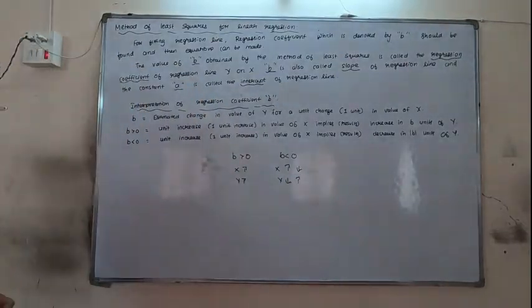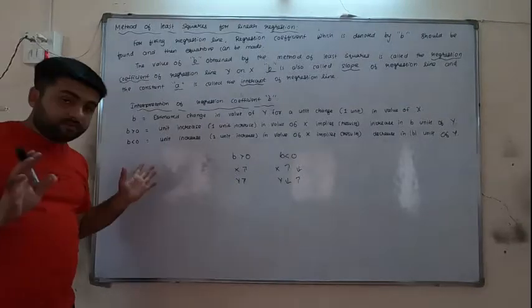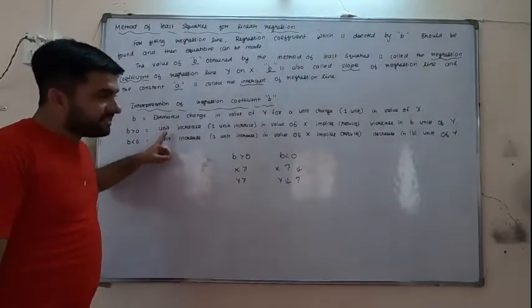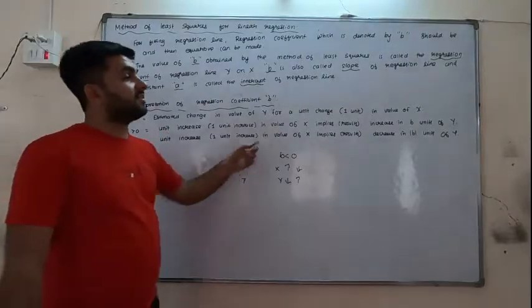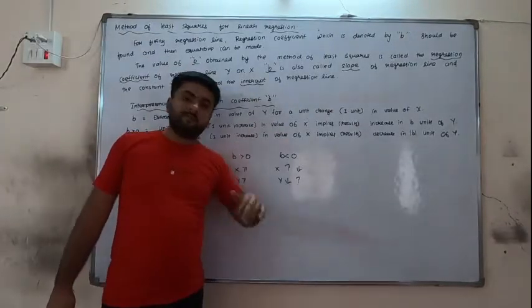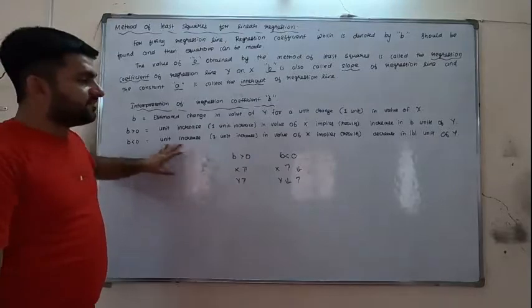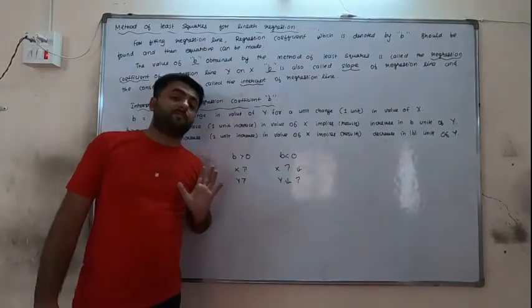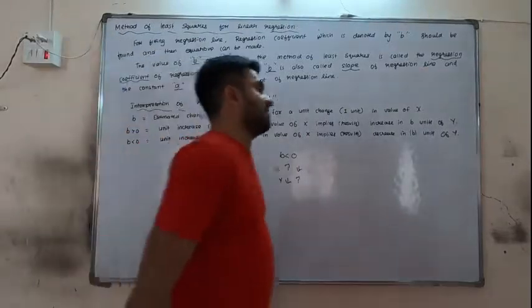First you understand that. Now how many units? If it is greater than 0, then 1 unit increasing in x, 3 units increasing in y, means both are increasing. And here if 1 unit is increasing, the other units are decreasing, so it has an opposite relation. Okay, so you should understand this.